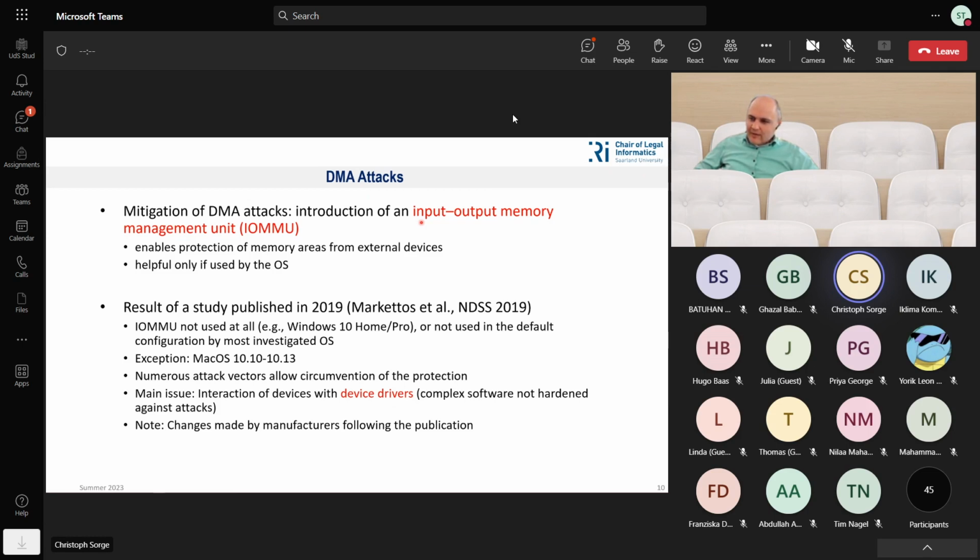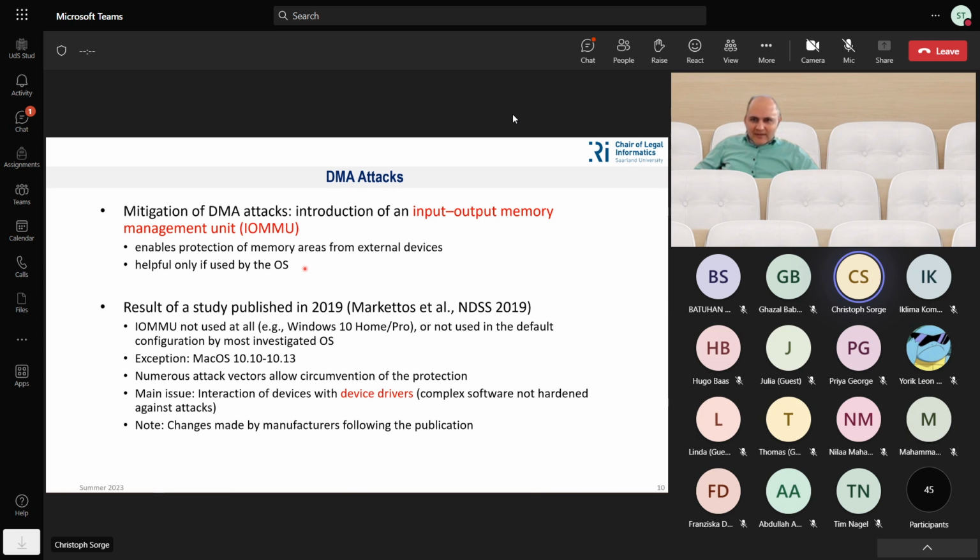So, say, for example, the USB flash drive is supposed to copy some of its content to main memory, or the GPU, the external graphics adapter, needs to read some data from the main memory. Then, of course, that should still be possible. But what area of the main memory can be read has to be decided somehow by the operating system. So obviously, an IOMMU only makes sense if the operating system uses it. So without support by the operating system, an IOMMU is useless.